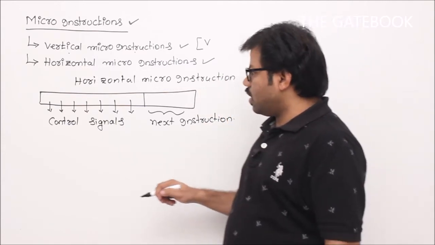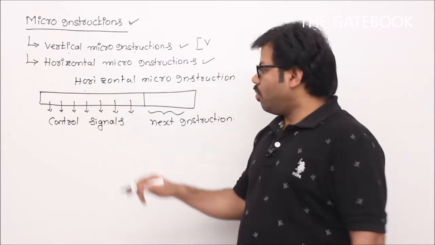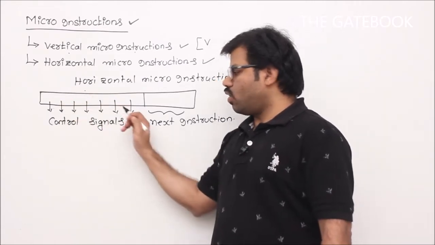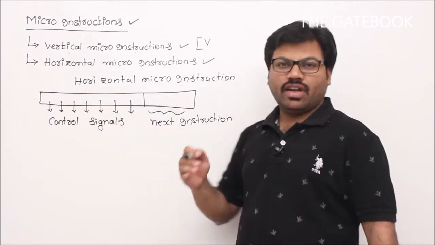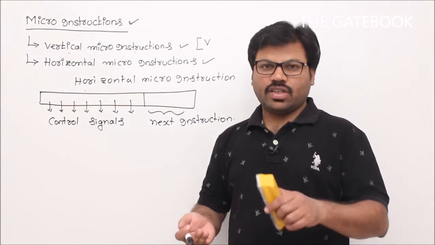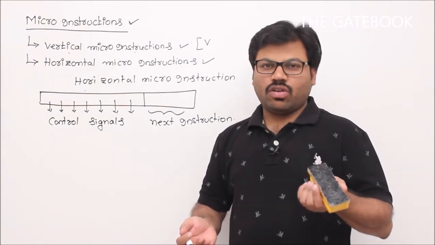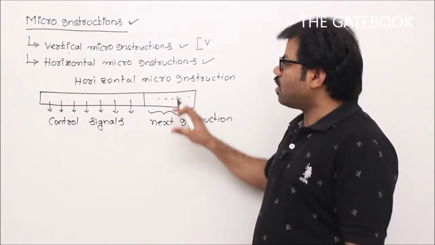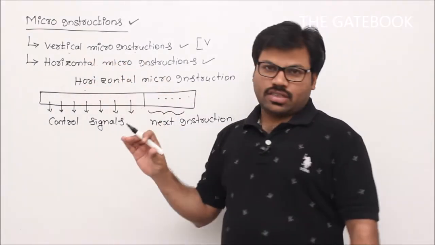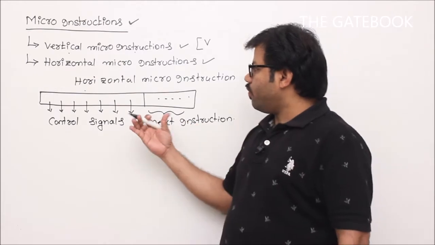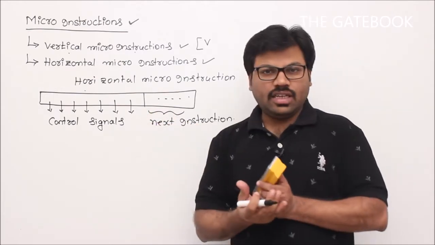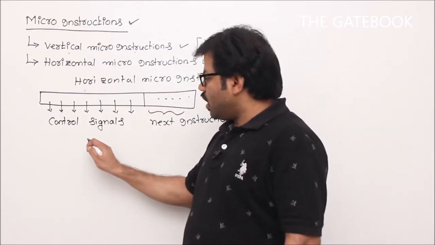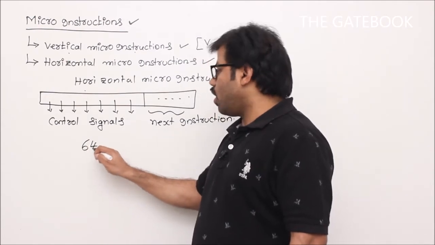So whatever I have explained so far, that is horizontal micro instruction. It will have two components. One component generates control signals. The second component will sequence the next instruction. That means the next set of control signals will be decided by the next instruction, right? So this is called horizontal micro instruction. Now the drawback of horizontal micro instruction is, for example, let's say in your machine there are 64 control signals.